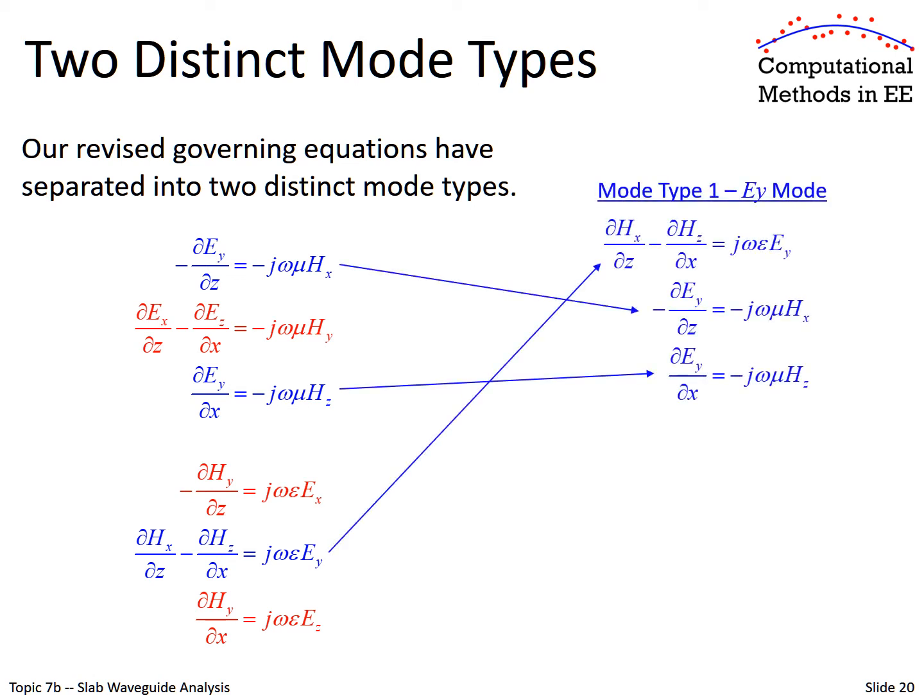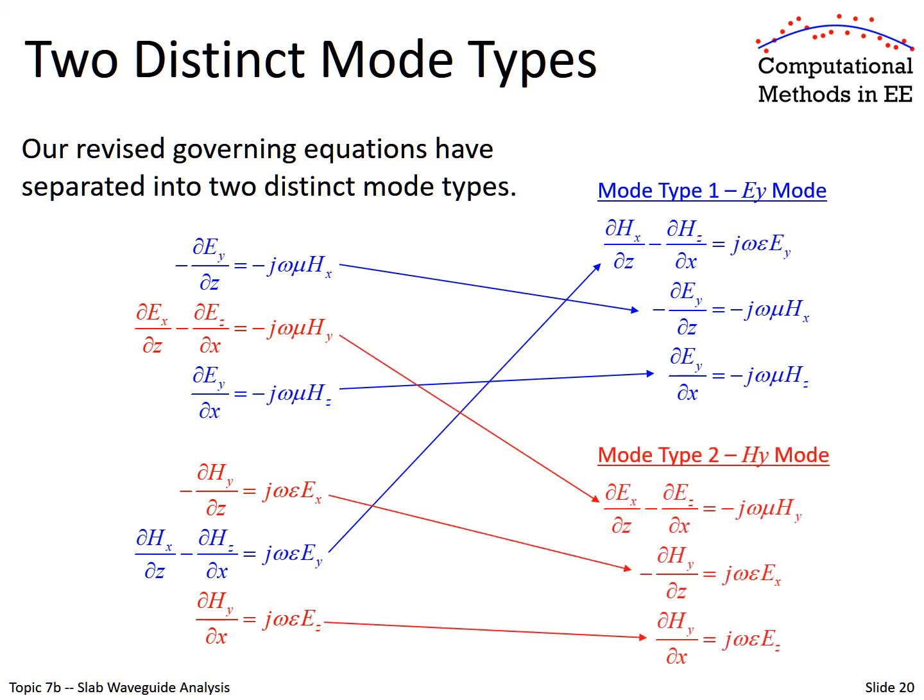If we group all of the blue equations together, we'll call that the first type of mode, or we'll call it the EY mode. And the reason we call it that will come up later, but the short answer is it'll turn out we can combine all these equations into just a single differential equation containing only EY. So we call that the EY mode, but that hasn't happened yet.